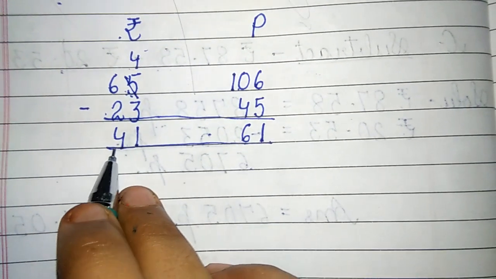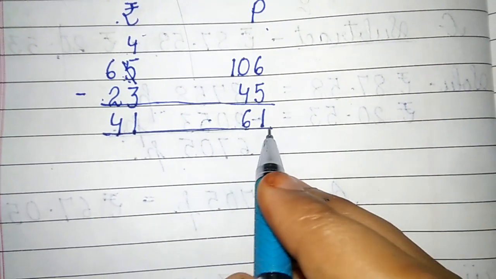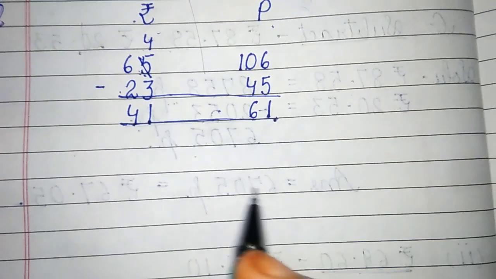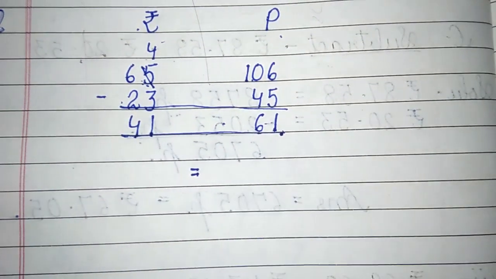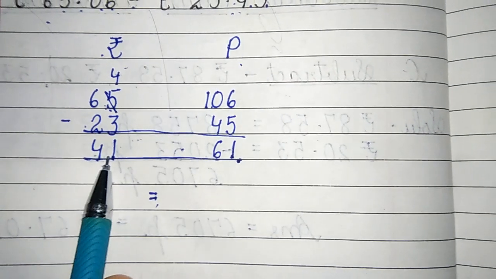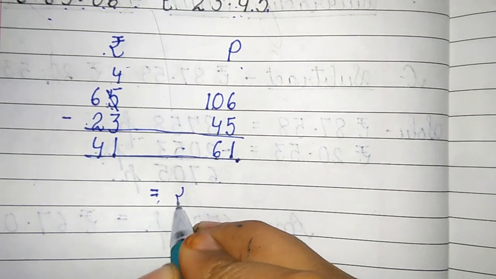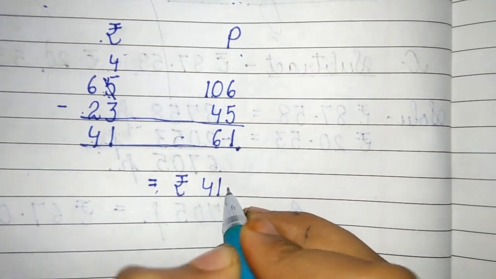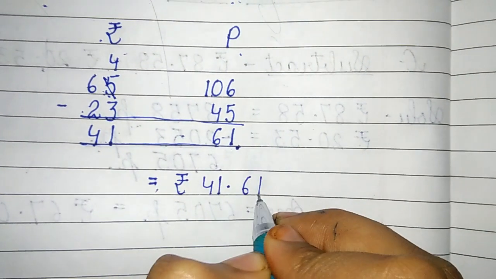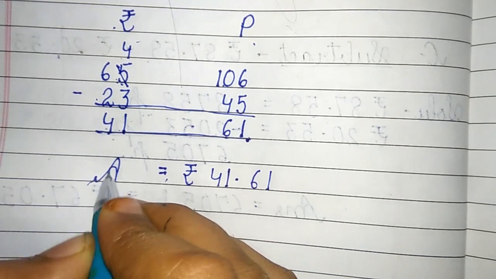Now the answer came in the rupees column 41 and in the paise column 61. Clear? That is 41 rupees and 61 paise. Write here the answer rupees 41.61. Rupees 41, 61 paise. Children, you understand?